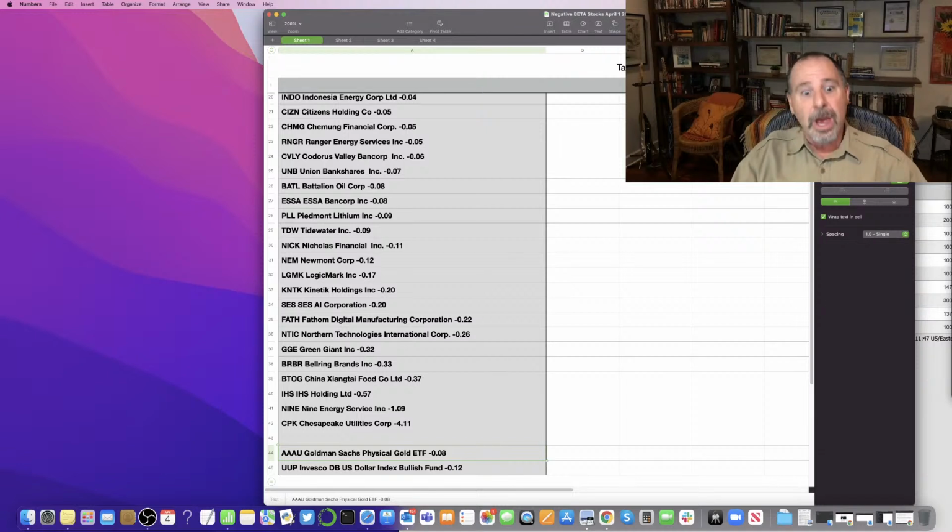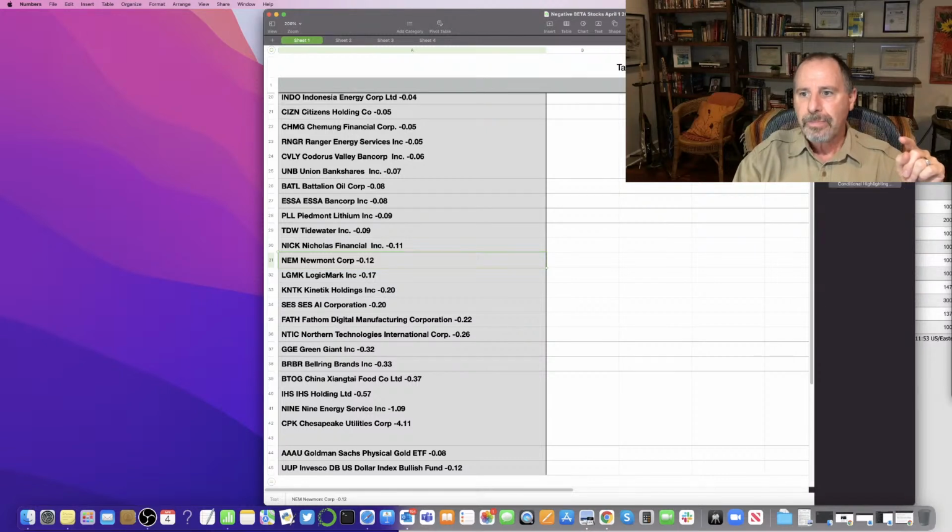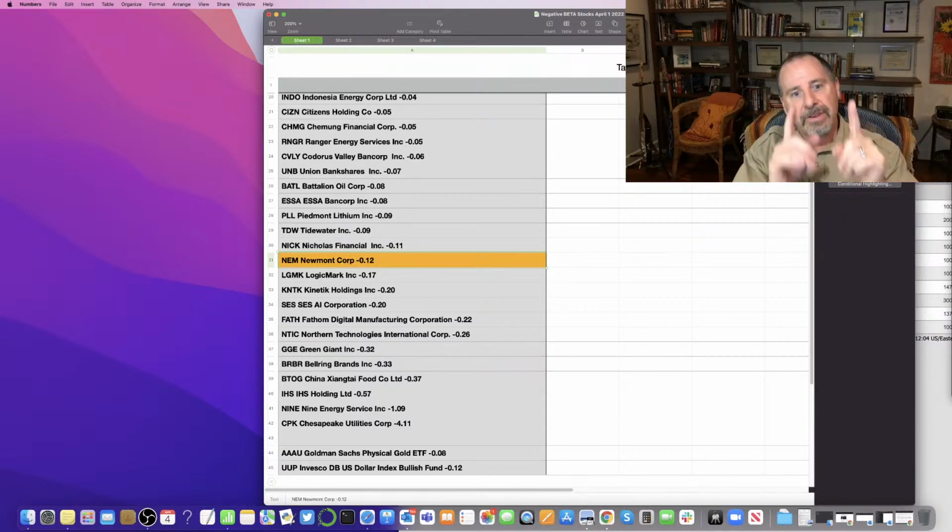Great. You're also going to find other gold stocks in here, gold miners. It's very important. Newmont Corporation is the largest gold mining company in the world, and they have a negative 12%. Why is it more than gold at 8%?